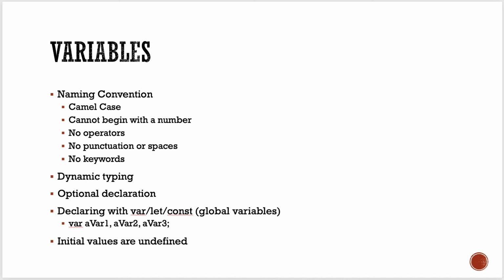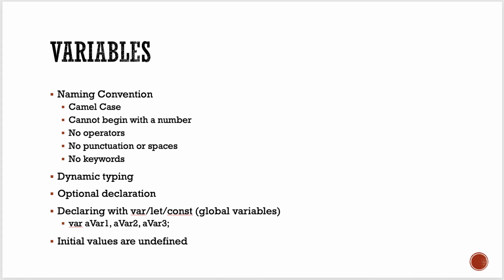And you don't always have to declare your variable before you actually use it. One can declare variables with the var, let, and const keywords. Some of these allow you to declare global variables versus function-specific variables. As more work is done in JavaScript, more examples of the different ways of declaring variables will be seen.